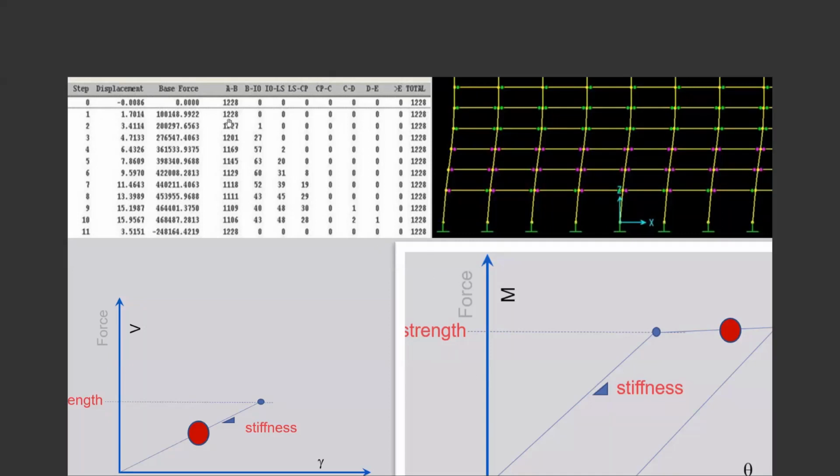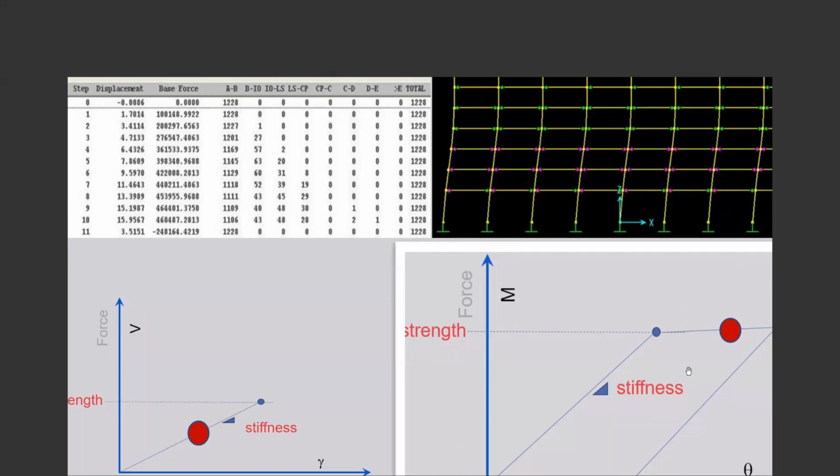Also, in this building, this many plastic hinges, possible force control, deformation control parameters we have, this many. All of them are between A to B. All of them are between these 2 points in the elastic range. But as the steps increase, as the building is pushed more into the inelastic range, we can see that now we pass from B, we have some between B to IO.